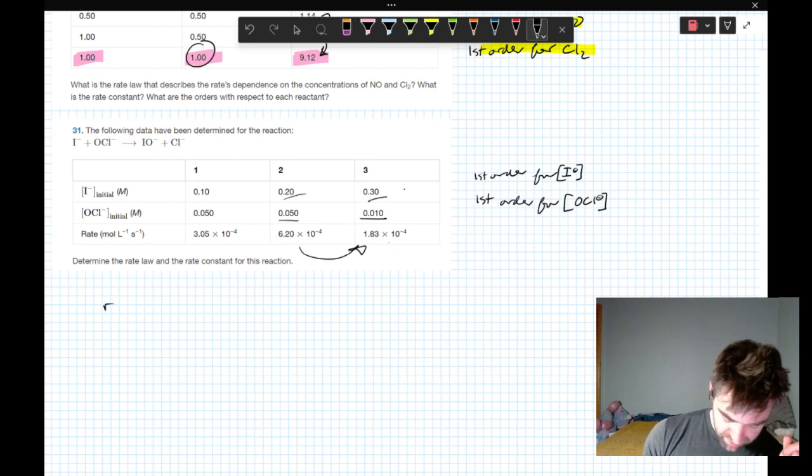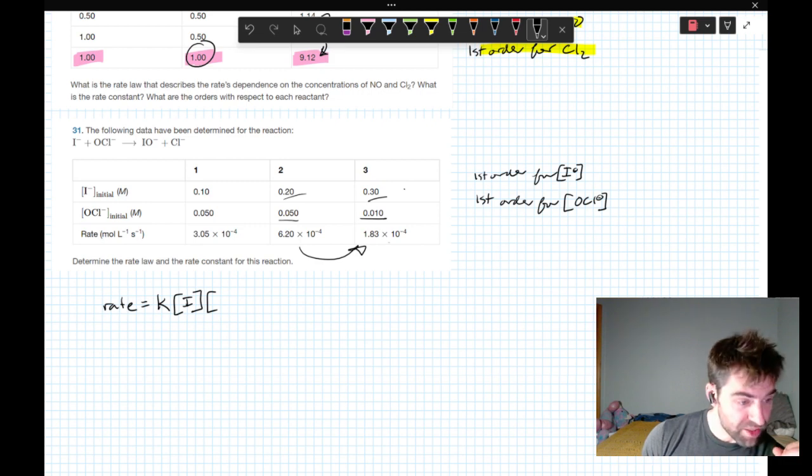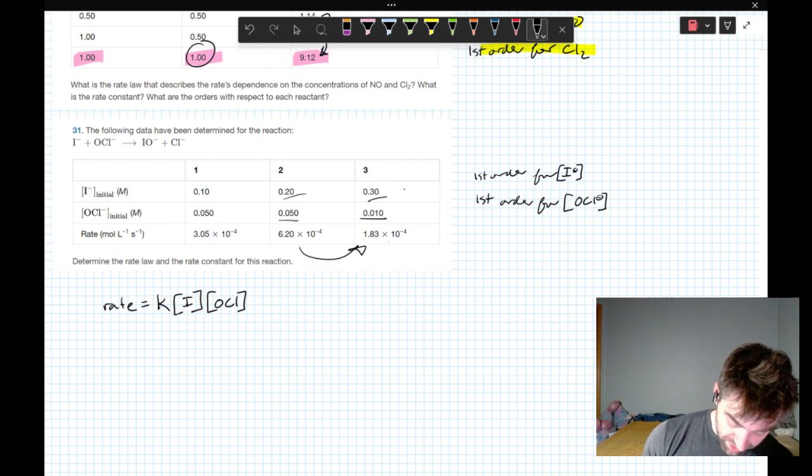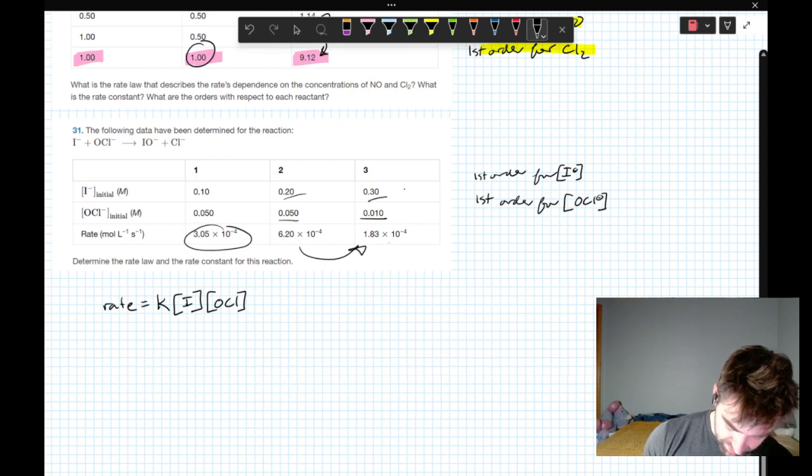So now we can create a rate law based on that, where the rate equals K times the concentration of iodine times the concentration of OCl, and we're actually given a rate. So let's go ahead and pick any one of these and start here.